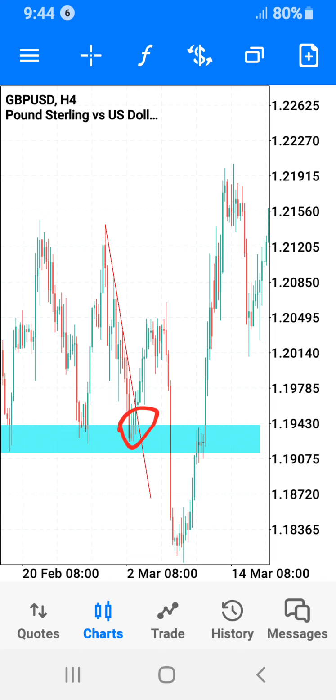So then it actually came out, and it didn't just come out, it gave us an engulfing candlestick pattern. And that is when we confirm that this was a bullish move, an engulfing candlestick pattern.